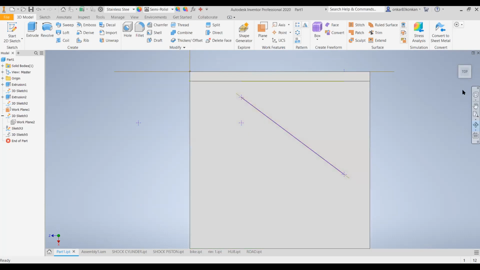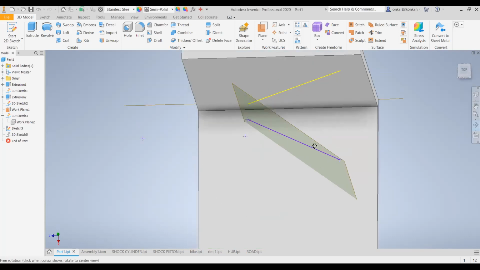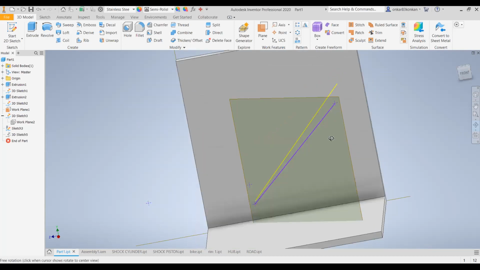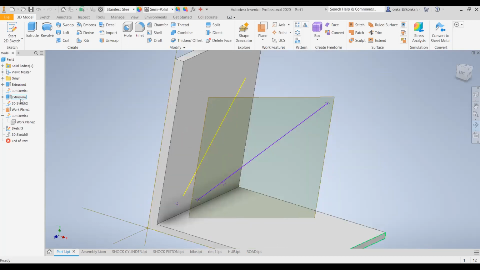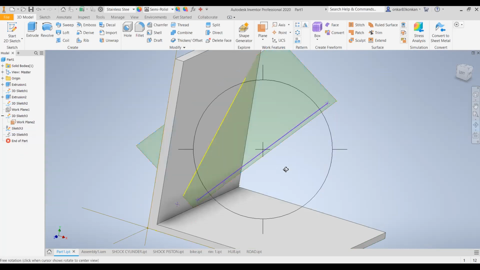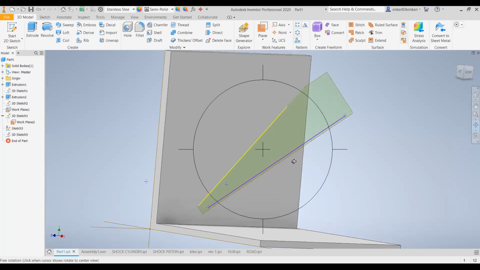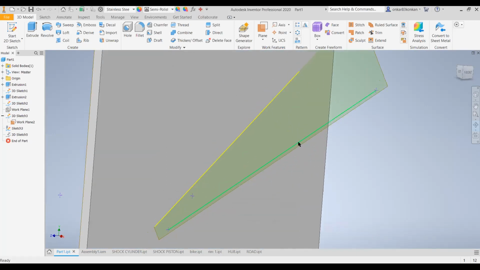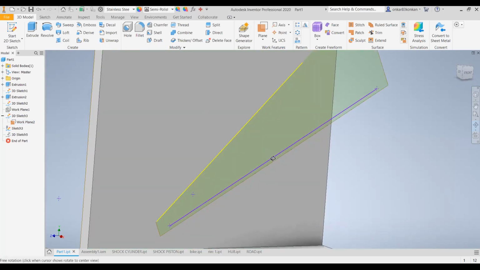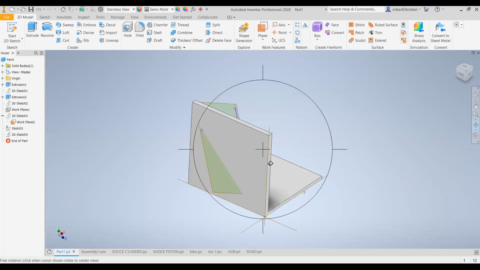So how can you observe the true inclination? For that, imagine the plane passing through the line AB. This plane passes through line AB and is perpendicular to the vertical plane.